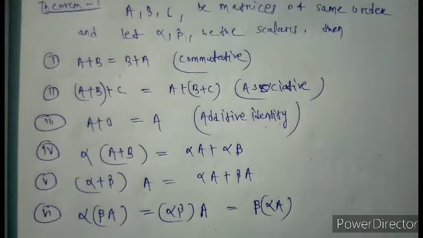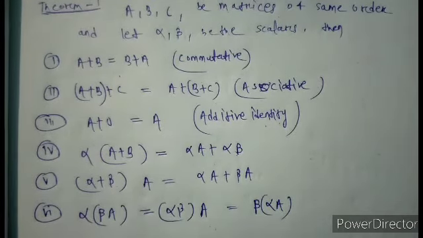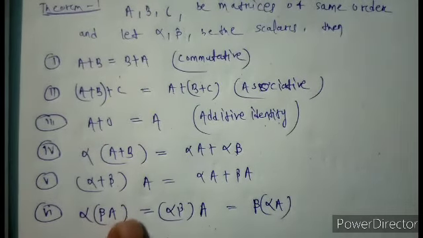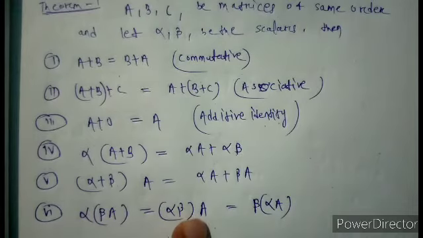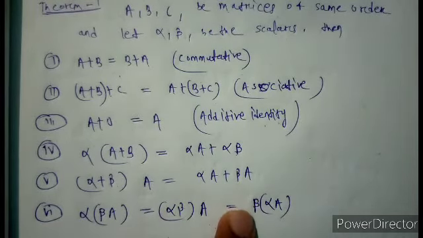We have to keep these theorems in our mind. Alpha multiplied with beta A is equal to alpha beta multiplied with A is equal to alpha multiplied with A multiplied with beta.